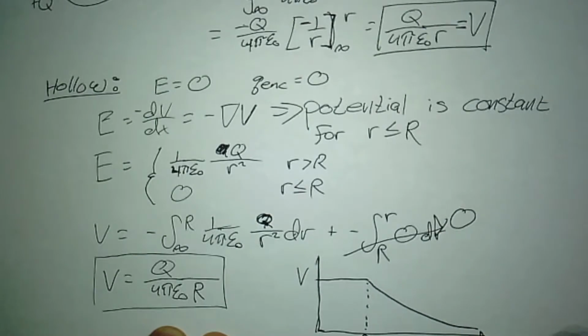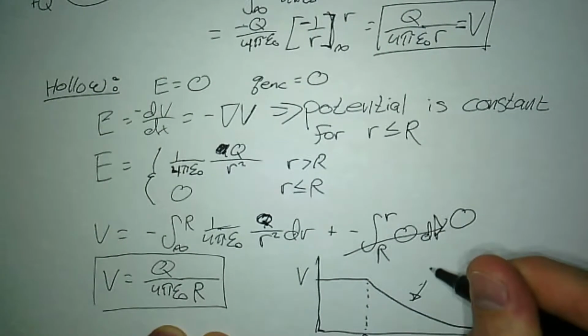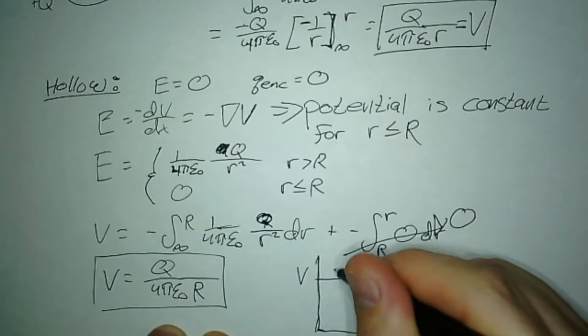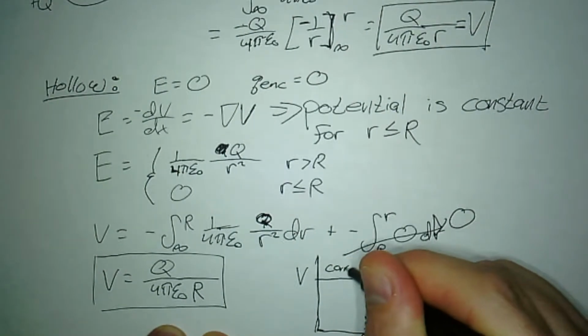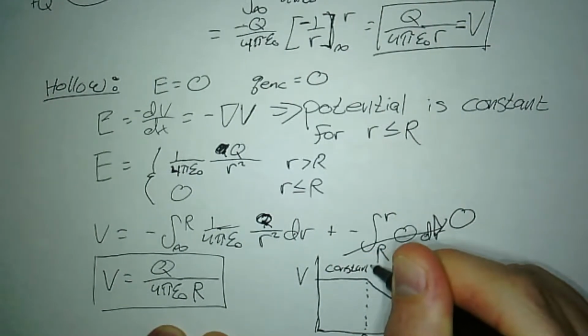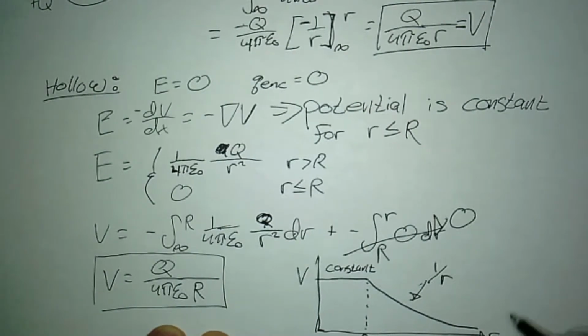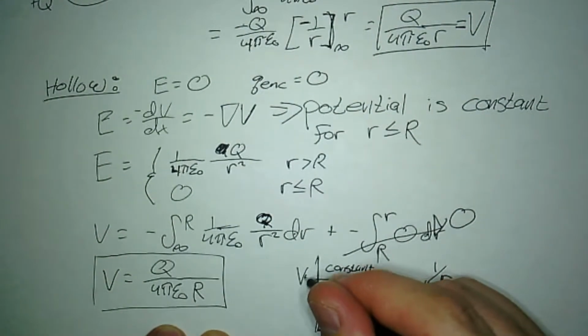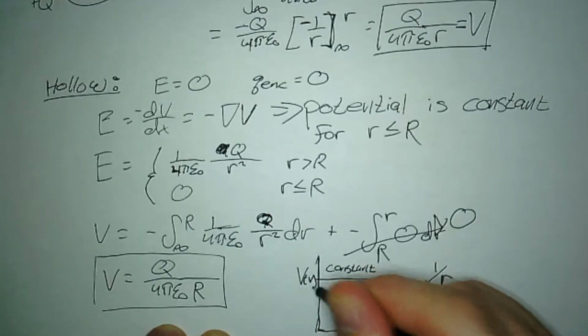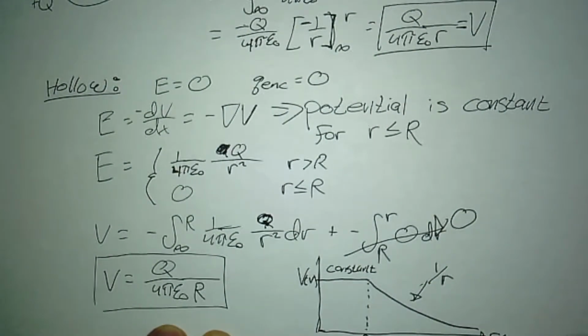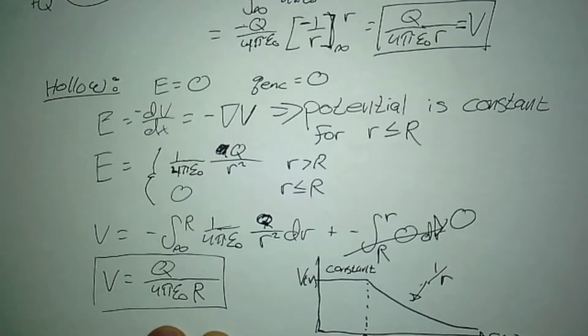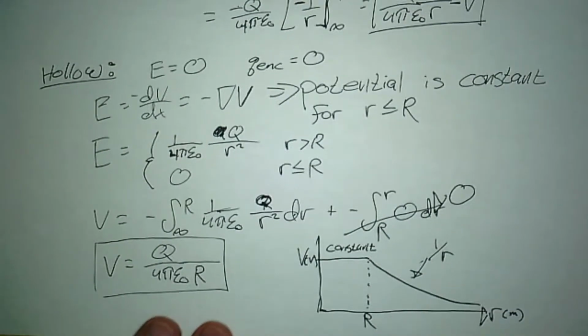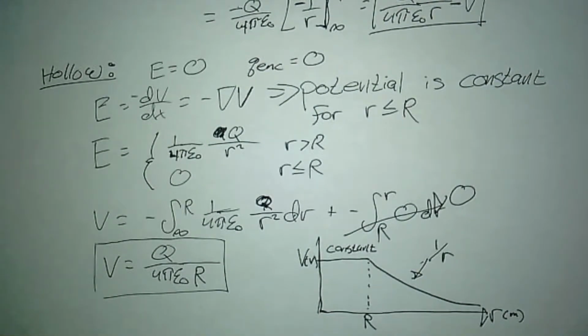Let's make sure I label my axes, r, and this goes like 1 over r, and up here is constant. And if I'll be real particular, just in case AP is real particular, I'm going to call this axis volts and say the units for this one are meters. Oh, you can't see the bottom of my graph there.